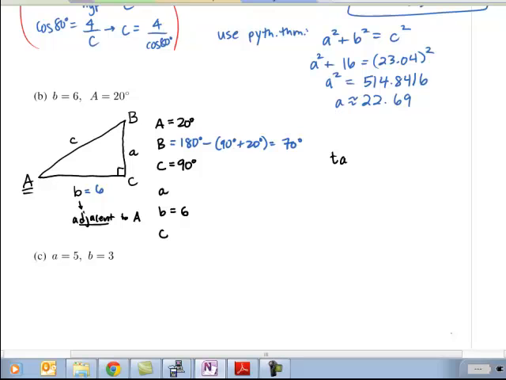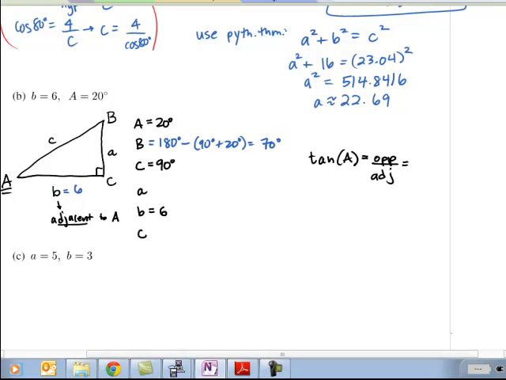Let's do tangent this time. So the tangent of angle A would be the opposite over the adjacent. The opposite is side a. The adjacent is side b, which is 6. So since we know angle A is 20, we'd have tangent of 20 degrees is a divided by 6, which means a is going to be 6 times the tangent of 20 degrees.